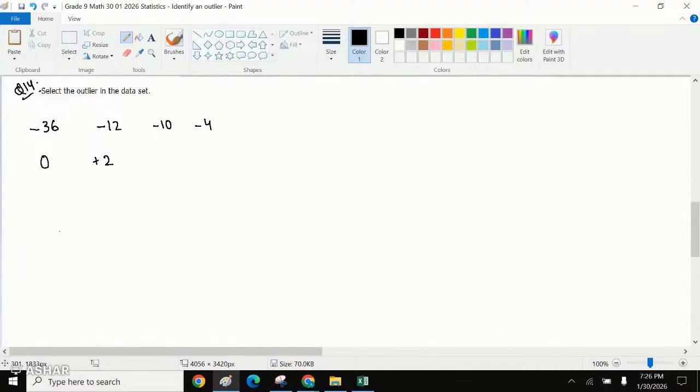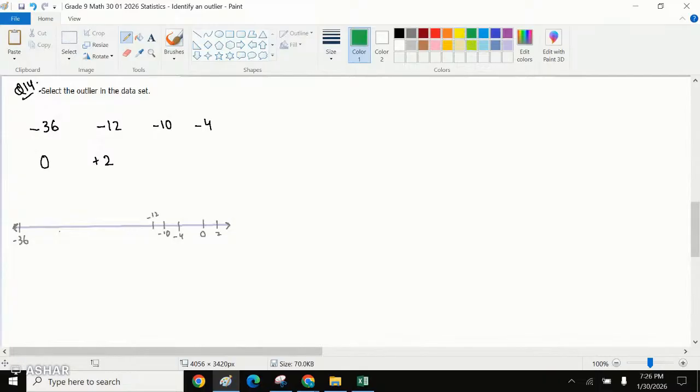So in order to know the extreme numbers, let's try plotting it on a number line. Okay. If we have a number line, we can say that if this was 0, then this could be 2, this could be negative 4, negative 10, negative 12, but negative 36 is way far away from the origin, from the natural number 0, right?